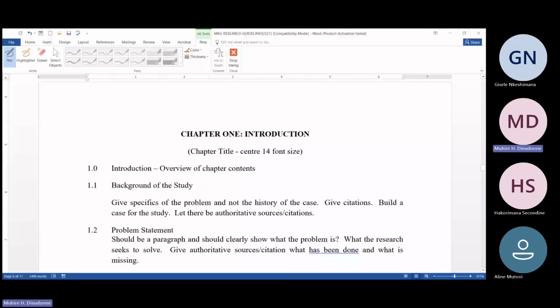So chapter 1, this title, which is introduction, and we have introduction here. After introduction, we will continue with background of the study. So in introduction, we need to put an overview of the content that we will be having in chapter 1.